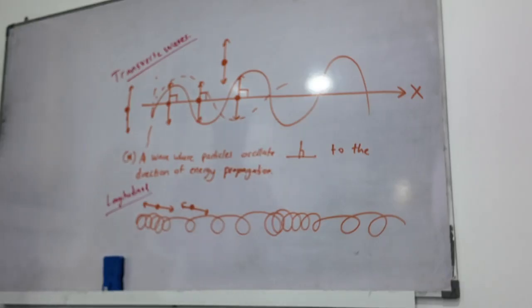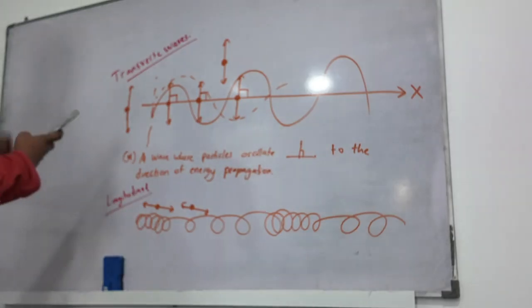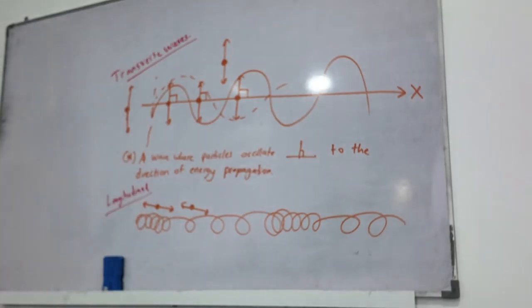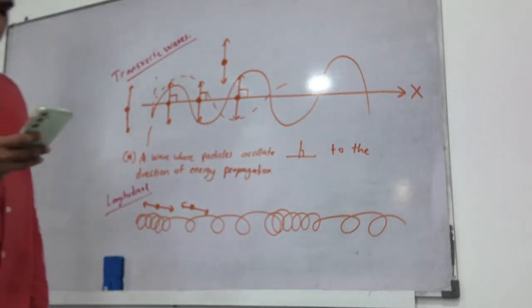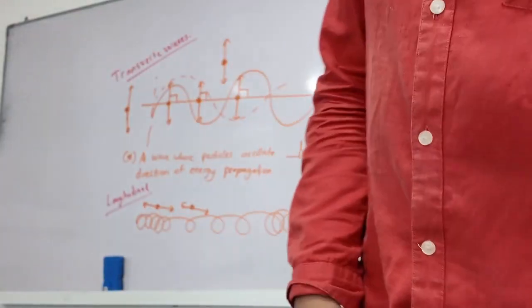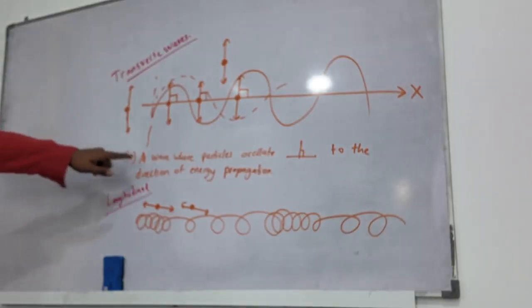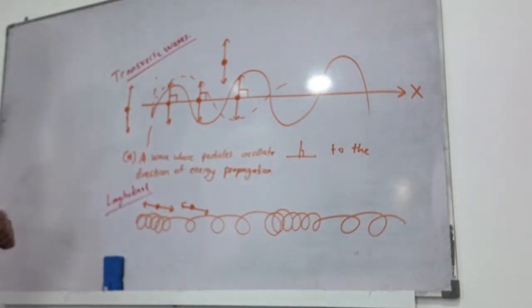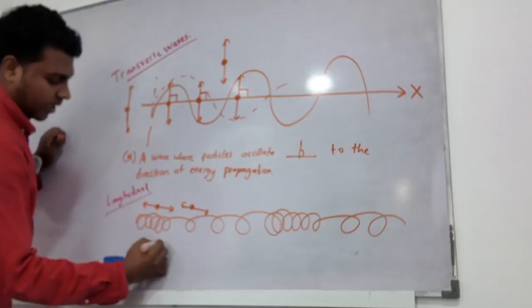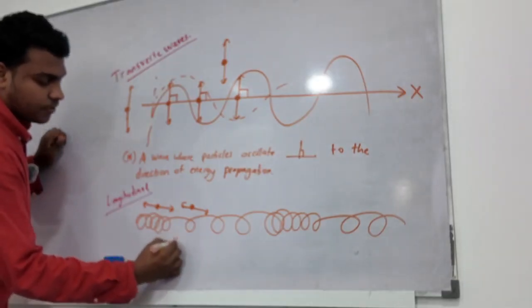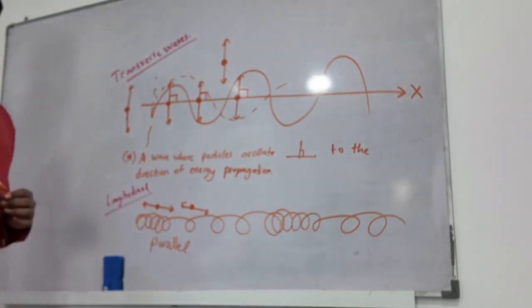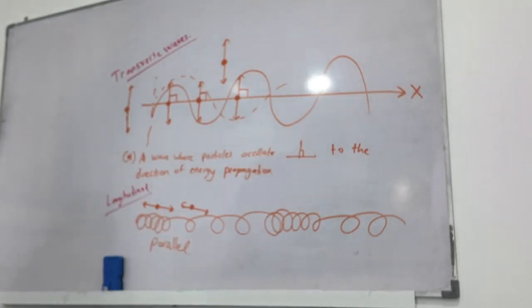For transverse waves, you have written. For longitudinal waves, write down the same definition: waves where particles oscillate, instead of this perpendicular sign, write down parallel. Parallel to the direction of propagation of energy.